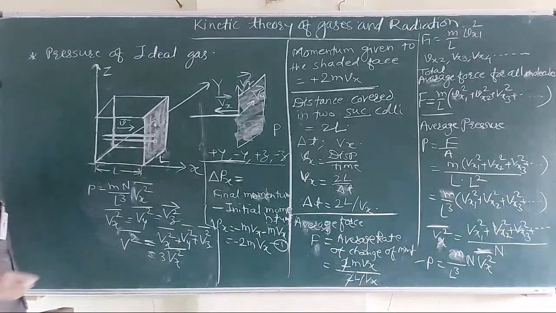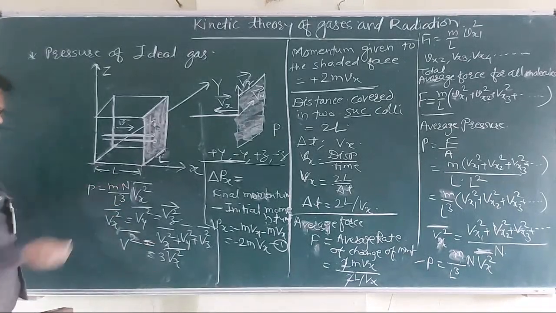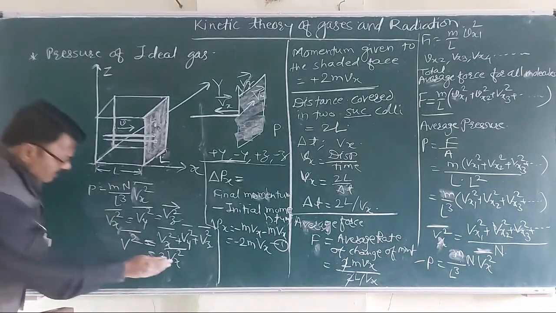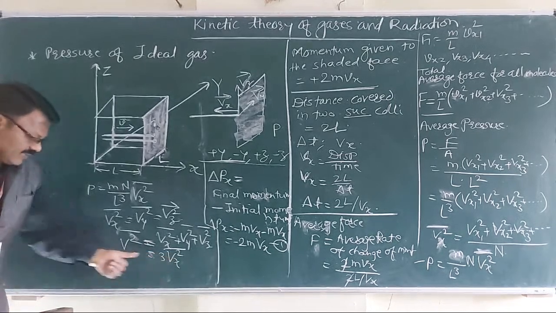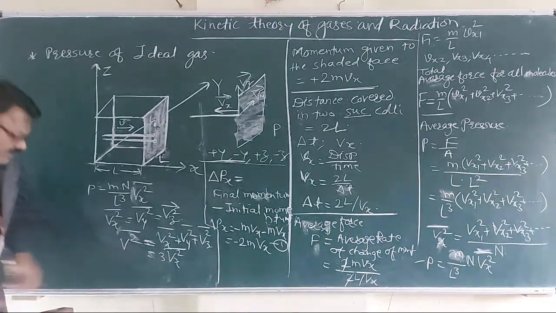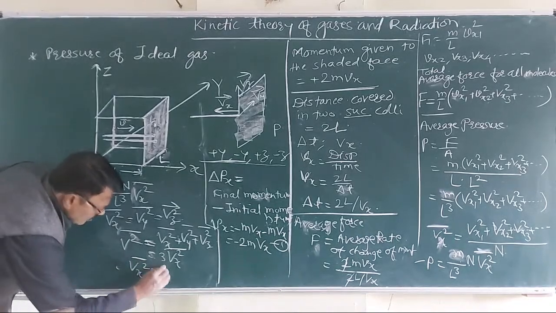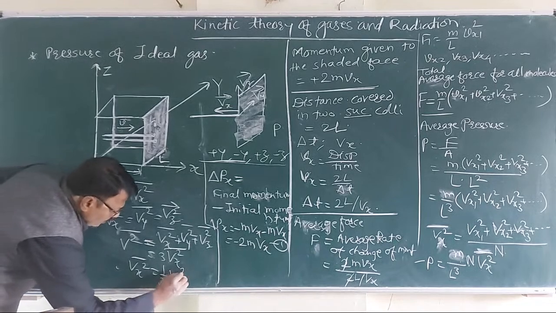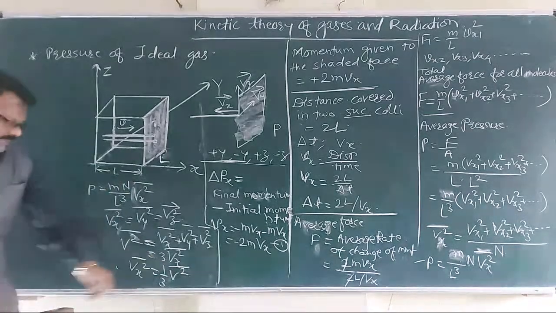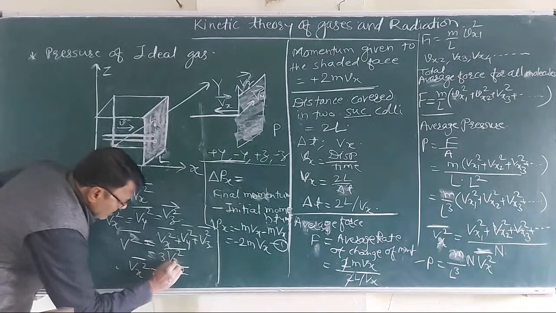By substituting this value, Vx square bar is equal to 1 by 3 into V square bar.